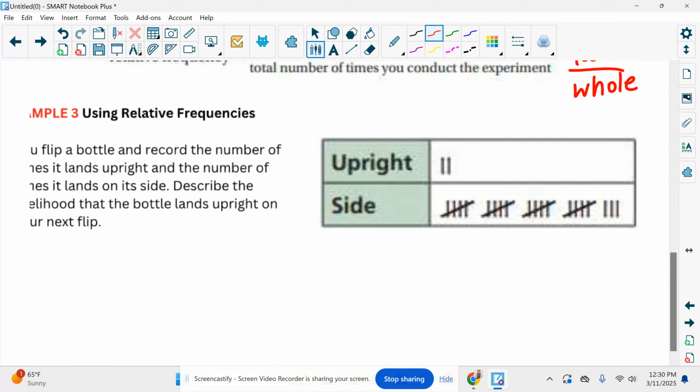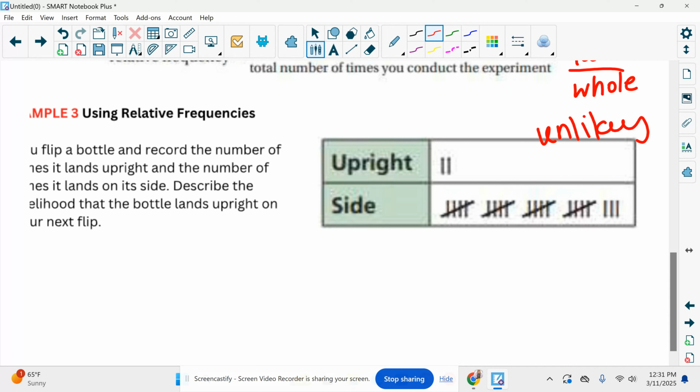Just looking at this frequency table, can you tell if it is likely to land upright based off of these results? No, it's unlikely. You can just look and tell that this is unlikely to happen. But you can have the math to back it up. And that's where the relative frequency or the probability comes in.